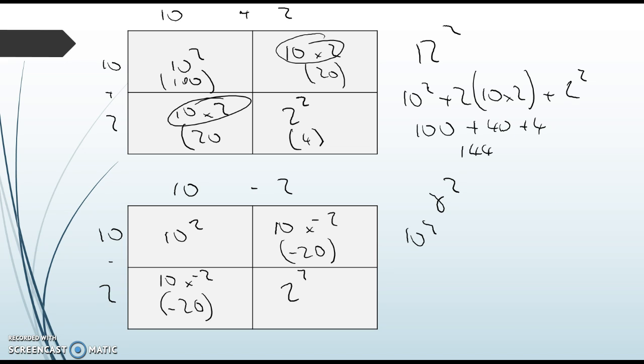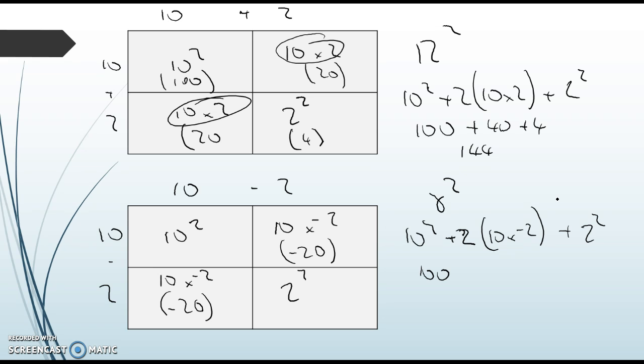10 squared plus 2 lots of 10 times negative 2 plus 4. Sorry, that should be 2 squared. So we have 100.